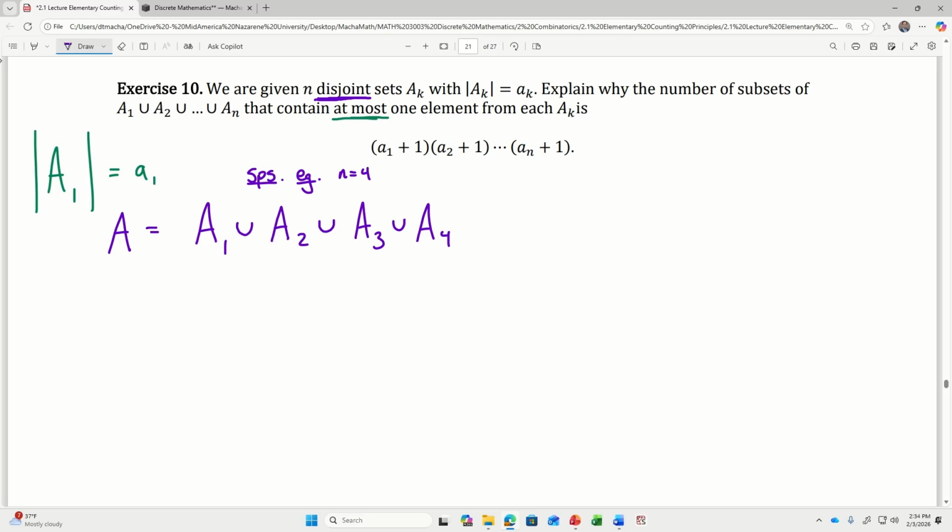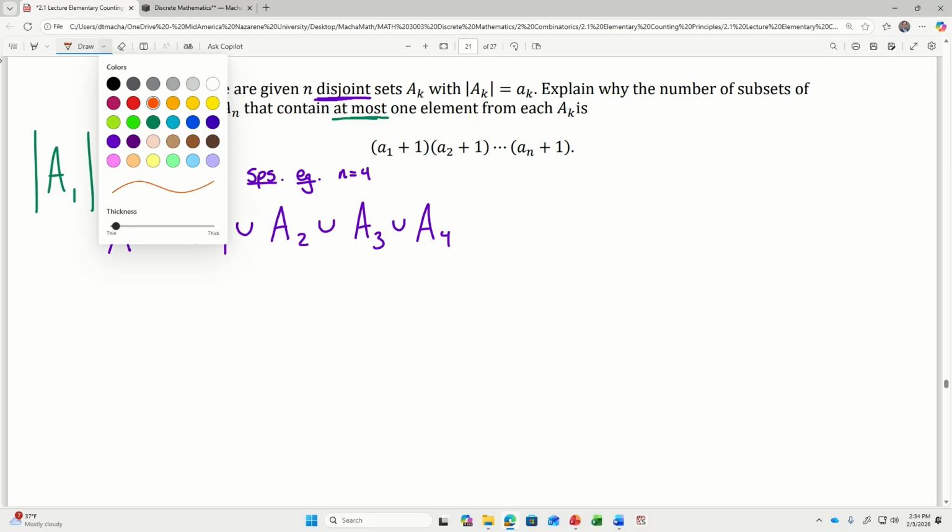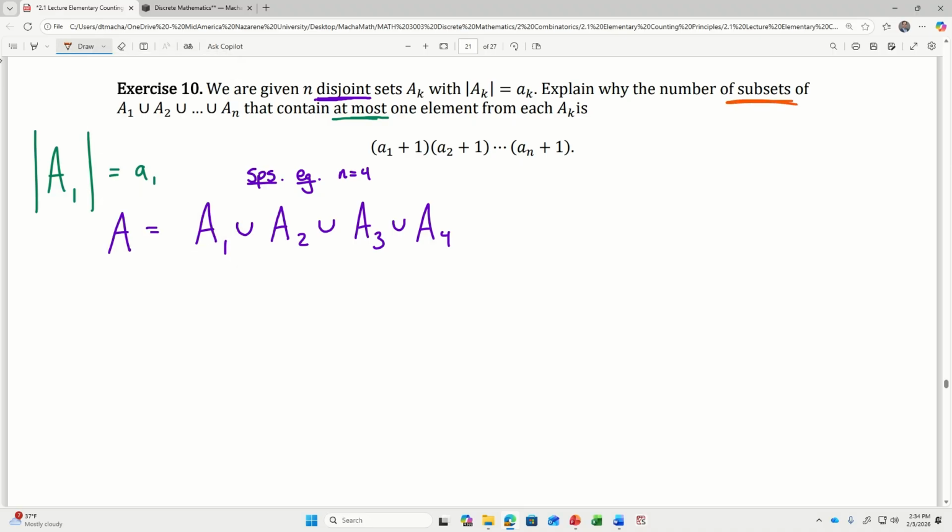And so when this is talking about subsets, explain why the number of subsets. Let's call this B. This subset B is going to be a subset of A, where A is the union of all of these A1, A2, A3, A4 sets.